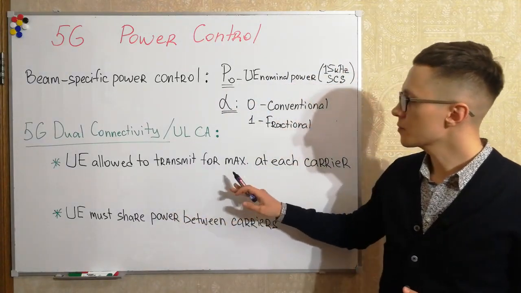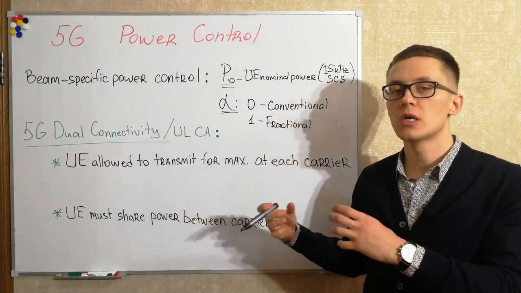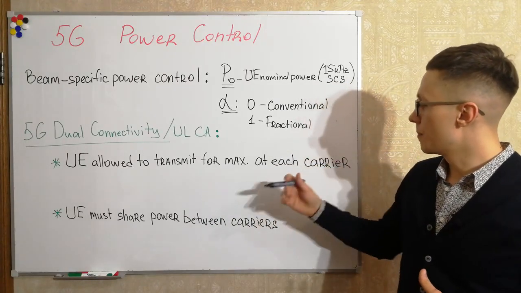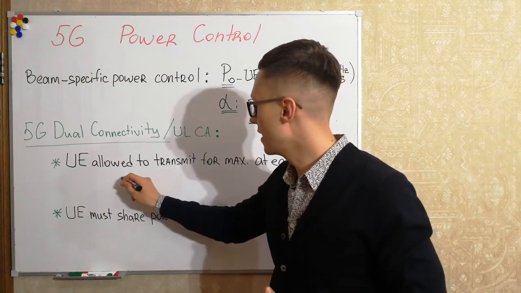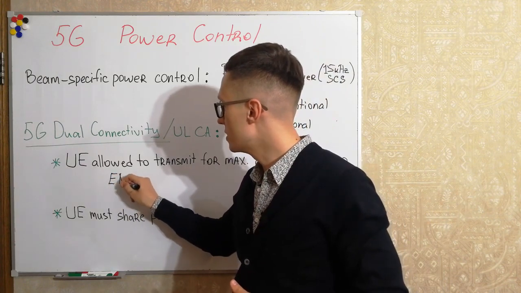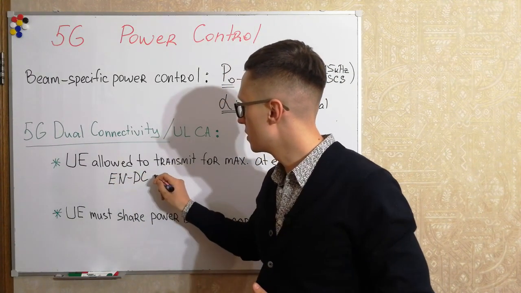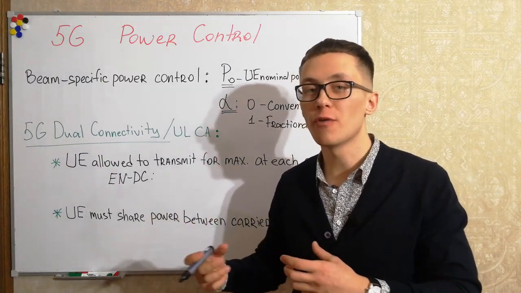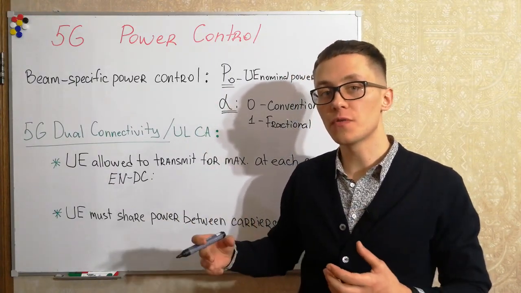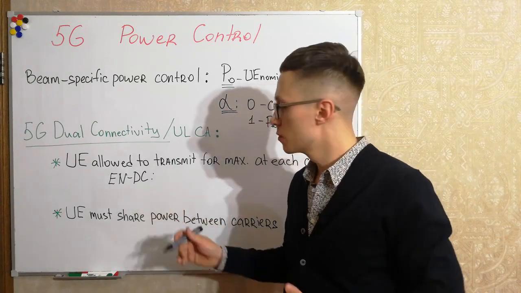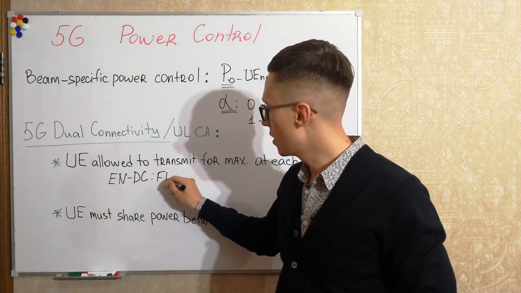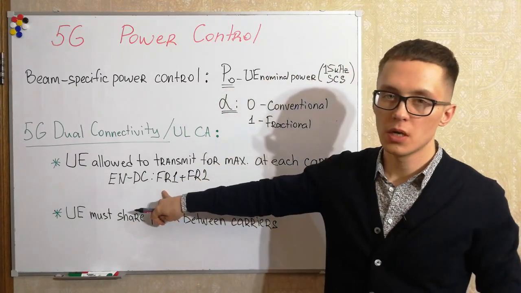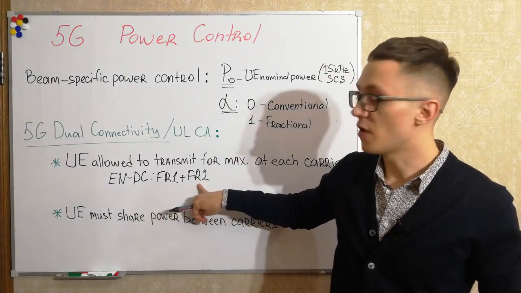The first case refers to when we can use, for example, ENDC dual connectivity, when user equipment transmits information in different bands, FR1 and FR2, ENDC FR1 plus FR2, for example, LTE band plus 5G millimeter waves.